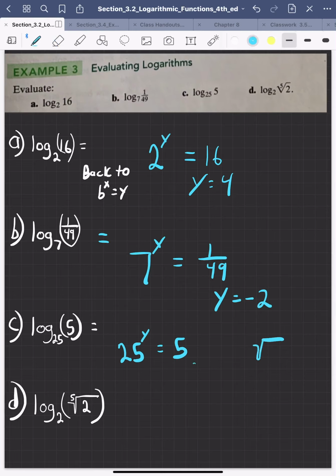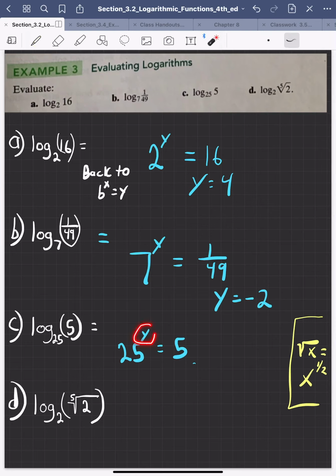And since the square root of x just means, let me change the color here so you know that this is an aside. Since the square root of x is equal to x to the power of 1/2, that should make sense that 25 raised to the power of 1/2 means the square root of 25.